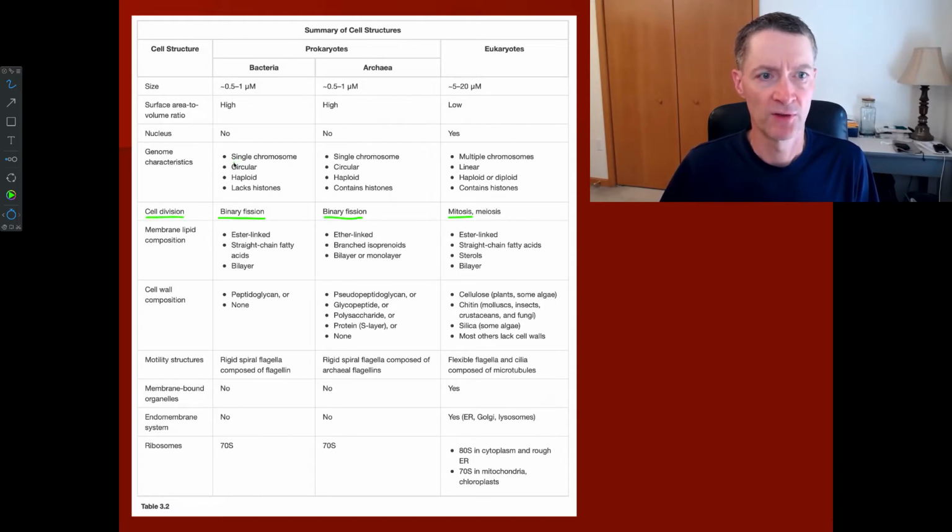I mentioned the singular circular chromosomes that we see in the bacteria and archaea, which are prokaryotes, versus multiple linear chromosomes when you look at the eukaryotes. So definitely you'd want to know those things that I've talked about. There are some things on this list that are not quite exactly what I talked about, but a lot of these things I think I have mentioned, all right?